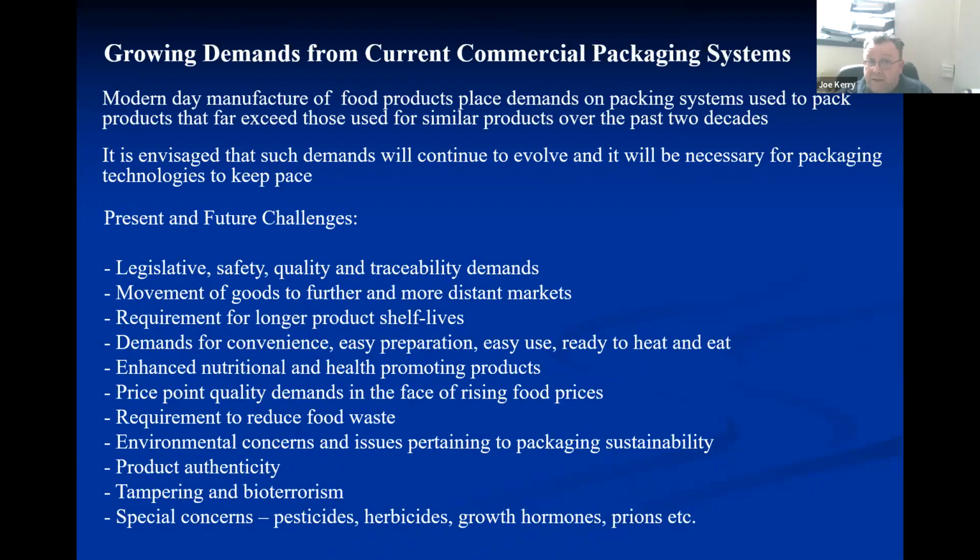Now, one of the things that I've noticed, in particular over the last 2 decades, is that while a lot of our packaging formats and materials haven't changed at all, they are expected to do a lot more than a lot of them were ever designed to do.